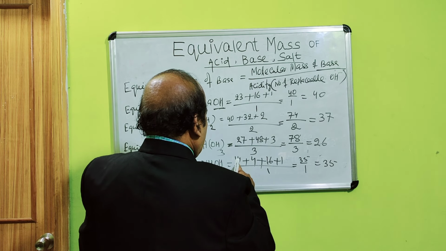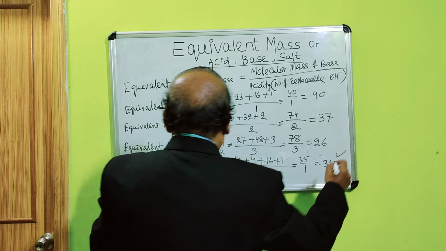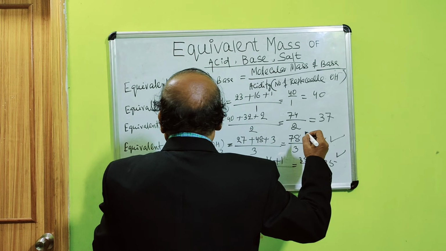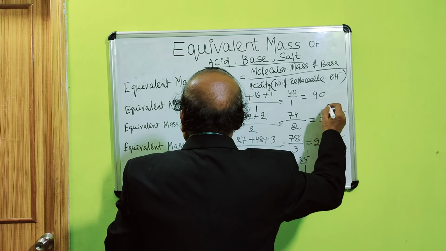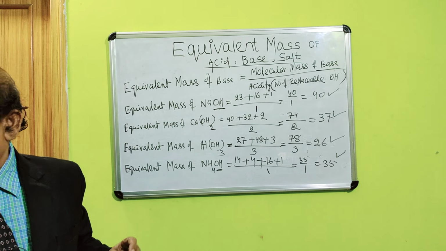So, equivalent mass of ammonium hydroxide is 35, that of aluminum hydroxide is 26, calcium hydroxide is 37, sodium hydroxide is 40. Is it clear for equivalent mass of base?